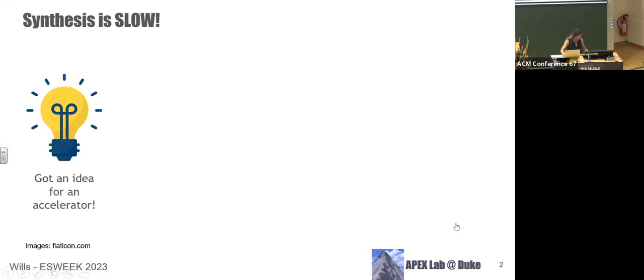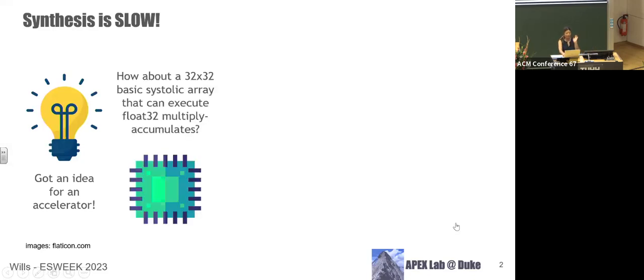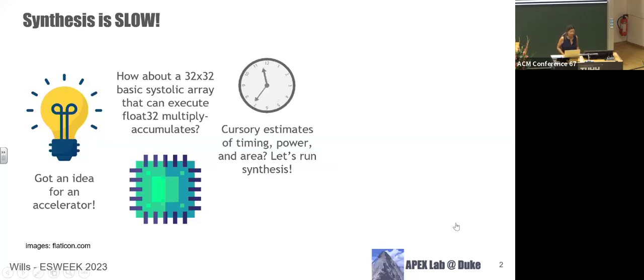So we start with a base design of, let's just say, a simple 32 by 32 systolic array that supports 32-bit floating point data type. And for each of the PEs, we'll just say there's a multiply accumulate unit. So now let's say we want to know what is the estimated timing, power, and area to figure out what design decisions we want to make next.